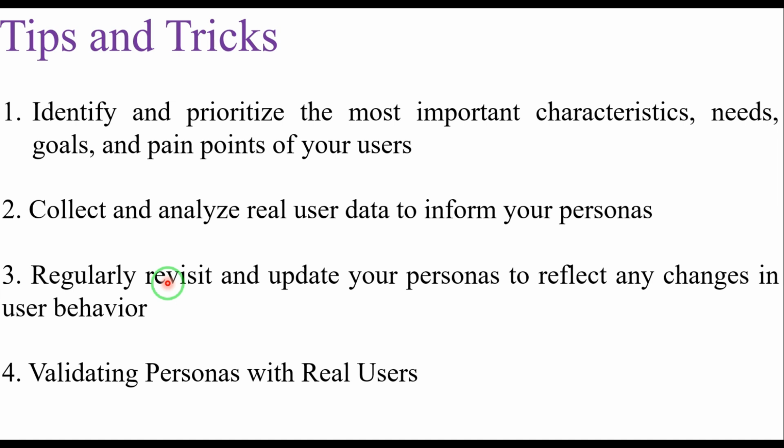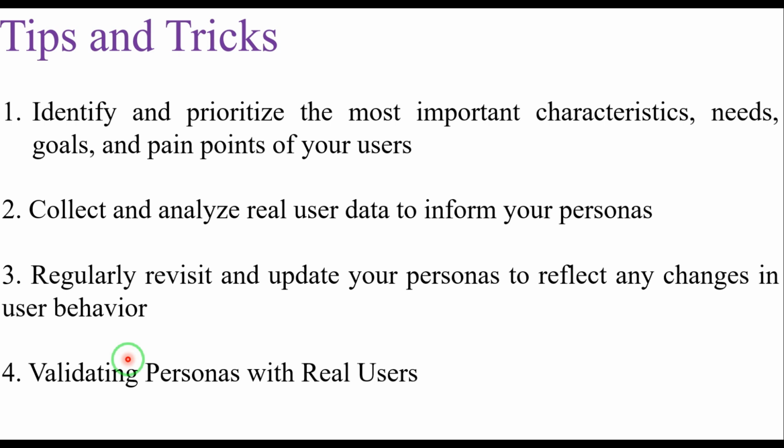And finally, a common mistake about the persona is that a lot of people do not validate personas with real users. This is a really big mistake when it comes to user personas. Failing to validate personas through actual user research leads to personas based on assumptions or stereotypes rather than real data.